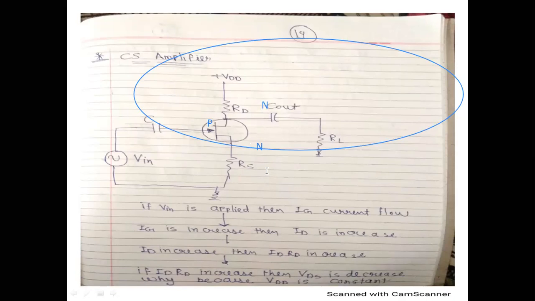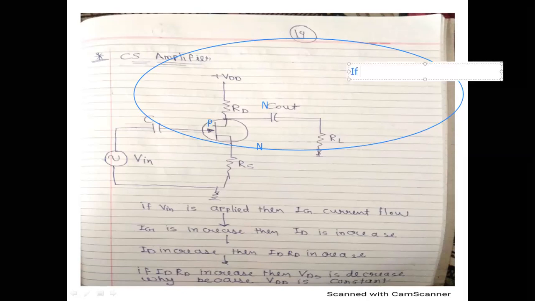So for the n-channel JFET, if V is applied, then Ig current flows. Why? Because the P terminal contains positive charge. So Ig current flows. If current flows, then the fundamental law of basic electronics says that the depletion region width is decreased. I have written this here.